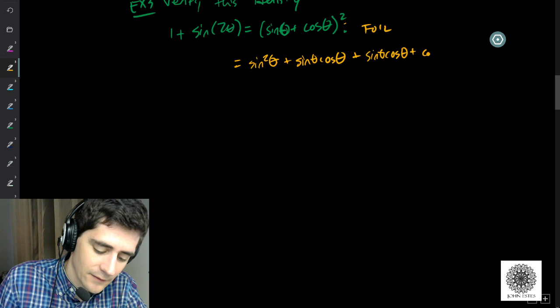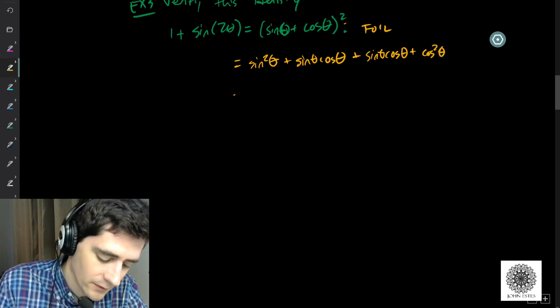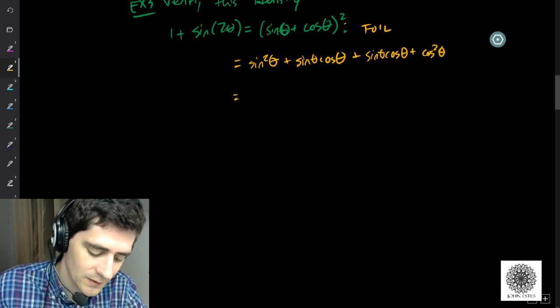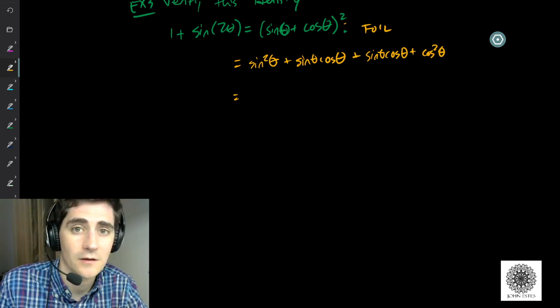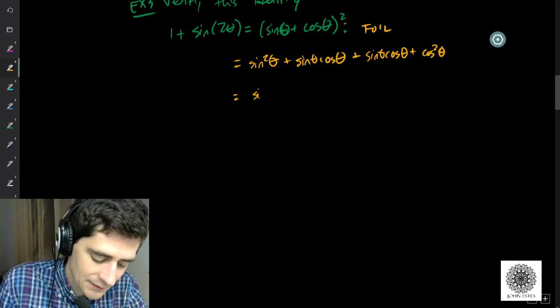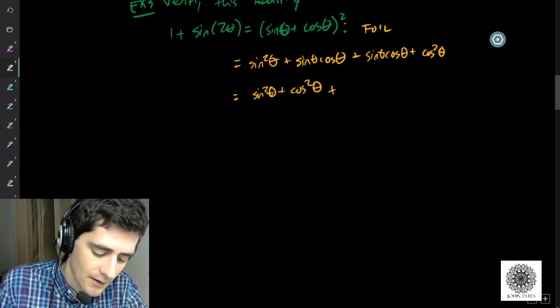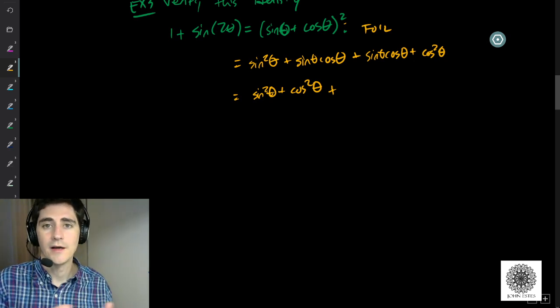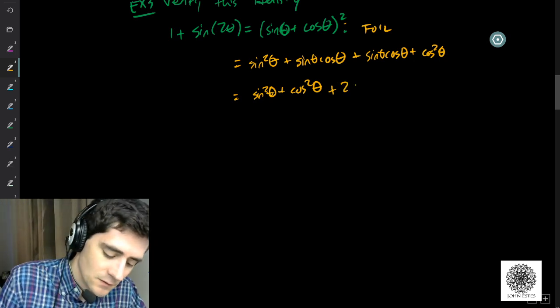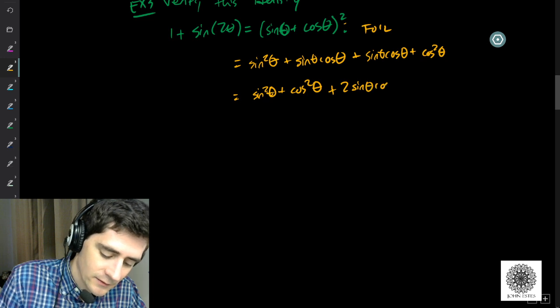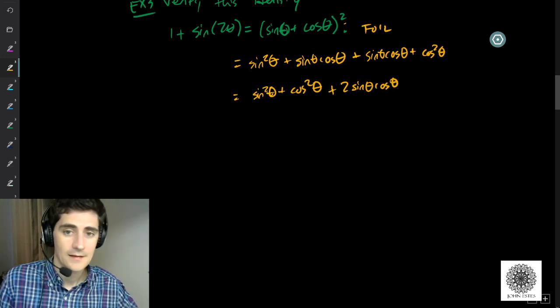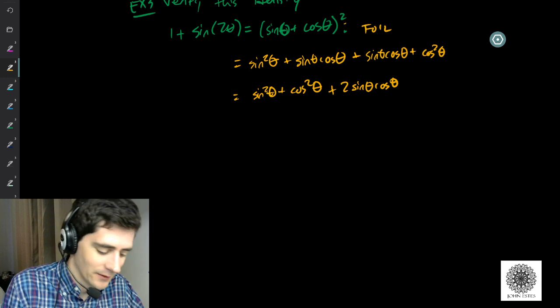And then lastly, you have cosine squared. Okay, so then if I bring these together in a clever way, I have sine squared theta plus cosine squared theta. Let me lump my squareds together. And then the middle two terms were the same thing, so when I add them together, I just have 2 sine theta cosine theta. Okay, you may see where this is going, hopefully.